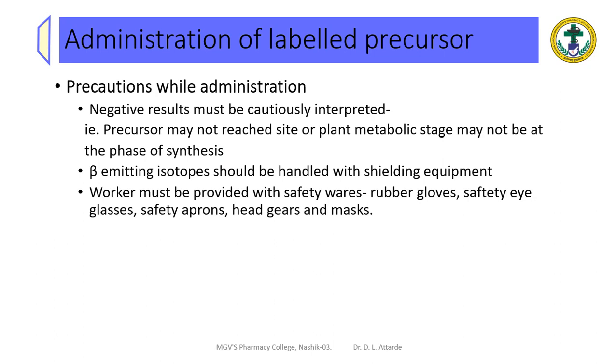You are not getting results, and you say this is not a precursor, but ideally it is a precursor, but the plant is not in that phase. Then beta emitting isotopes should be handled with shielding equipment. The researchers involved must be provided with safety gear like rubber gloves, safety eyeglasses, aprons, headgear, masks. These are important to avoid damage from this emission to the workers.